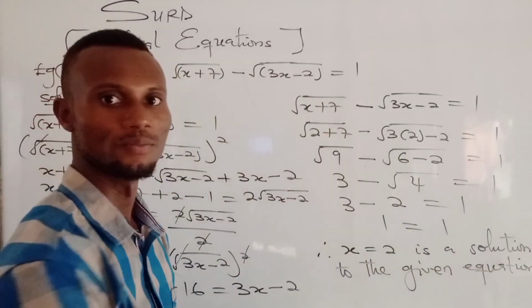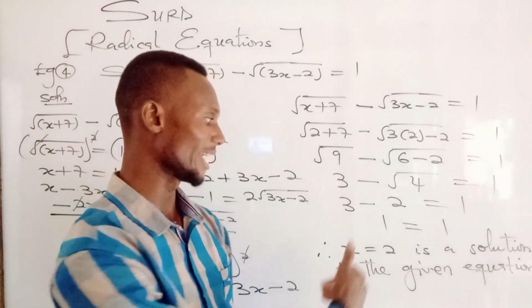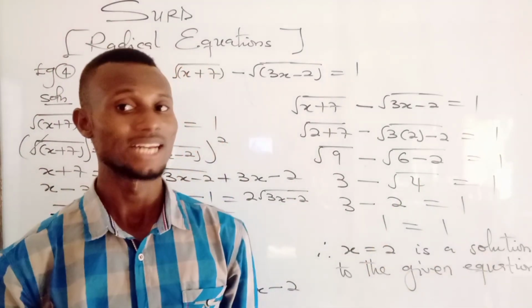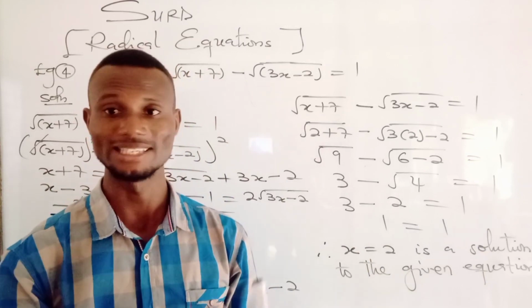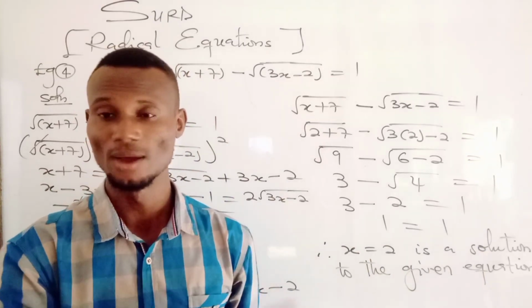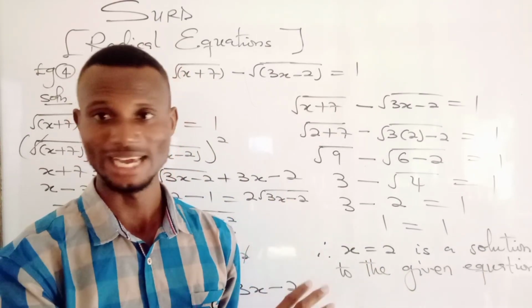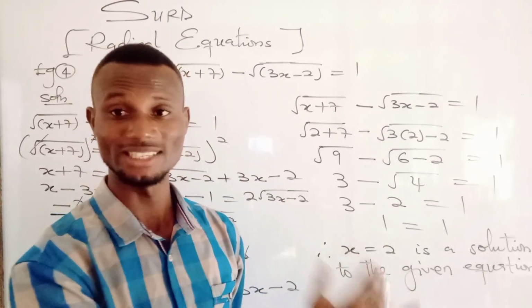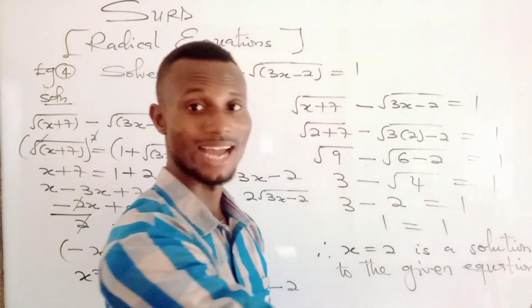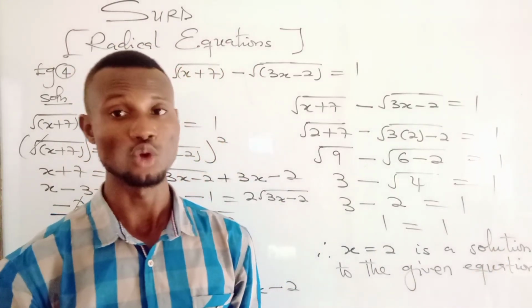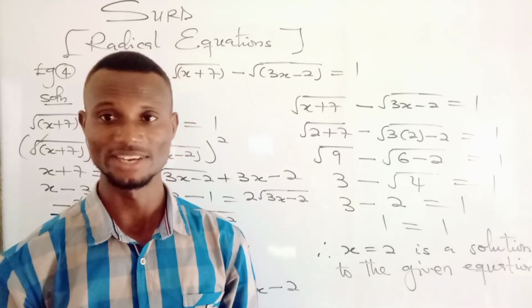Therefore s equals 2 is a solution to the given equation, because when we tested, s equals 2 is the one that satisfied the equation, but when we tested with s equals 9, we didn't get a value which is the same as the right hand side of the equation. So it means s equals 9 is not a solution to the given equation.